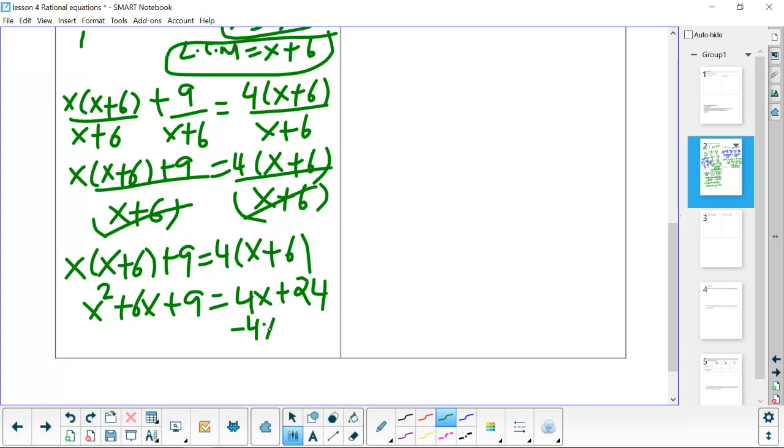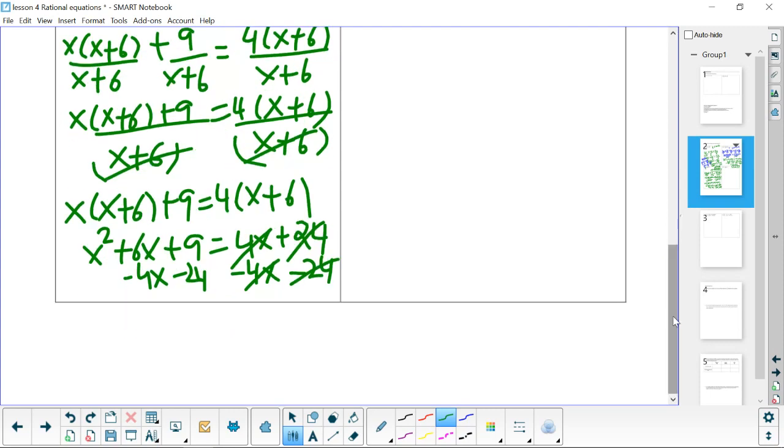So we're going to subtract 4x on both sides and then subtract 24 on both sides. Now let's solve this. So we get x squared, 6x minus 4x is plus 2x, plus 9 minus 24 is negative 15, equal to 0 on the right side.